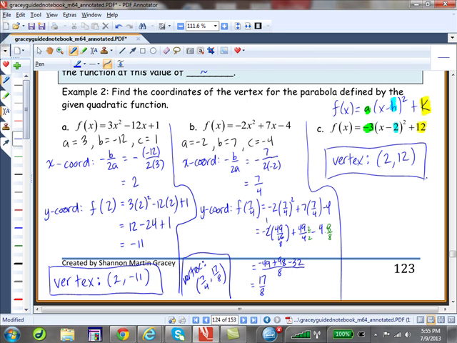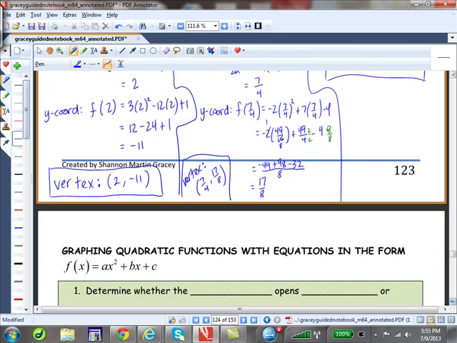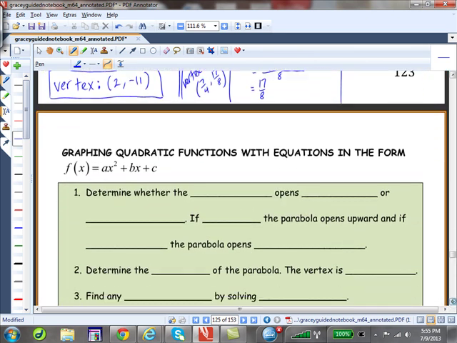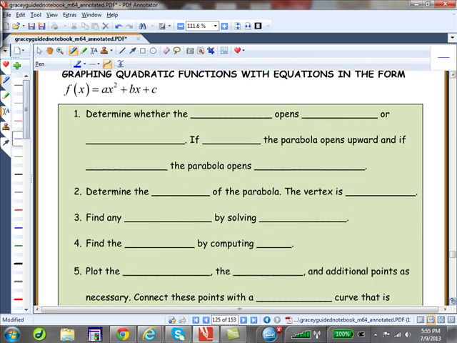Okay, so graphing these guys. Same kind of deal. The main difference is, you've been given the equation in the other format, so you have to use the negative b over 2a business to find your vertex. So determine whether the parabola opens upward or downward.